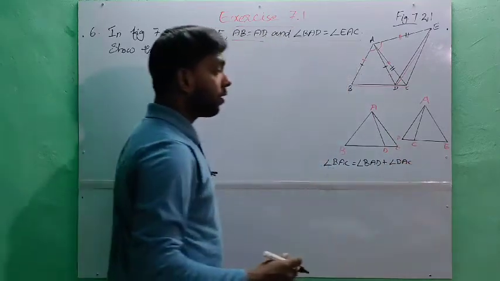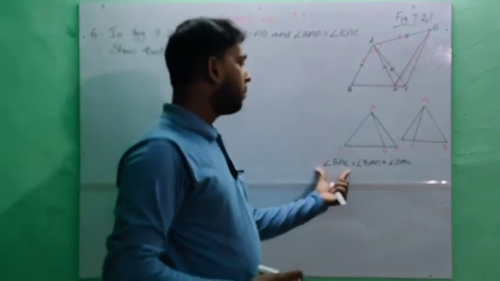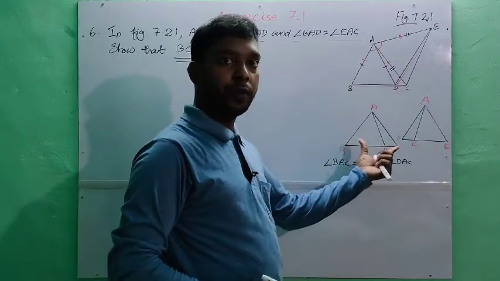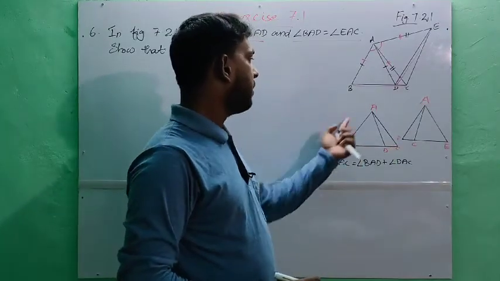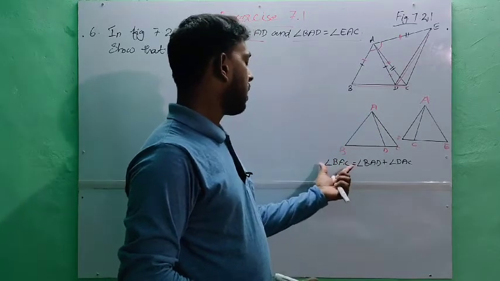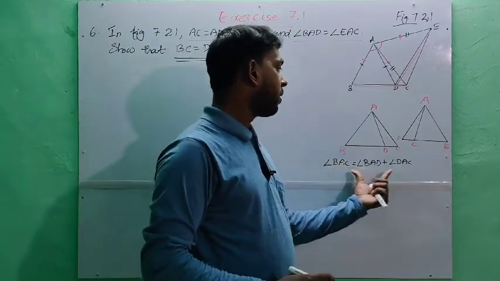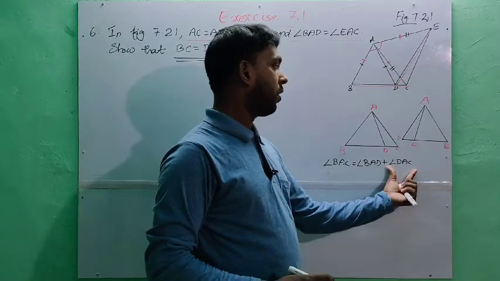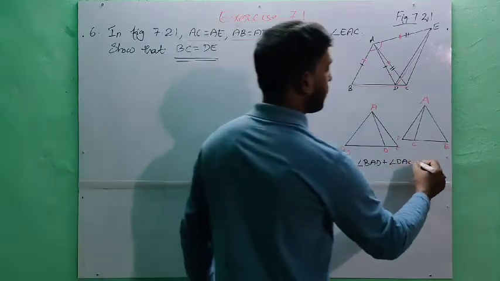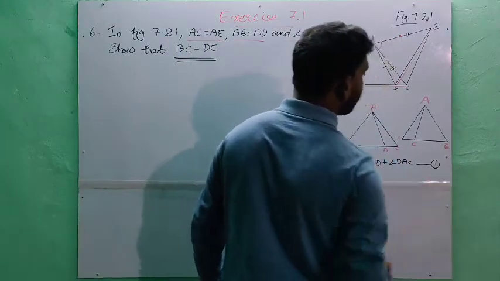Why have we written it that way? Because angle BAC consists of two angles, BAD and DAC. So angle BAC is the sum of angle BAD plus angle DAC. We have written it, and let's just name it as 1.